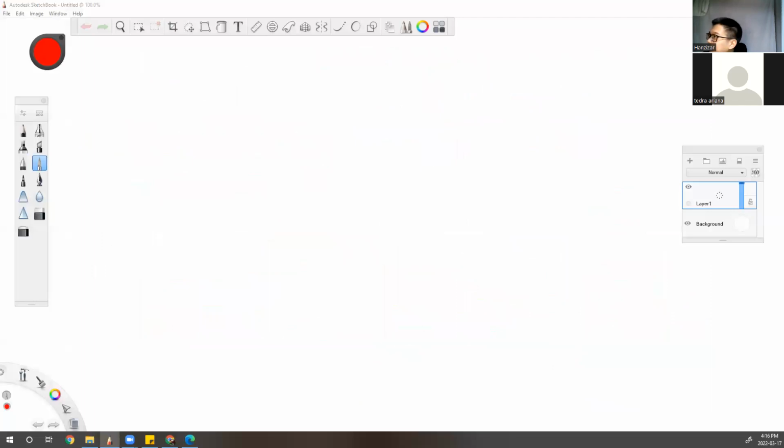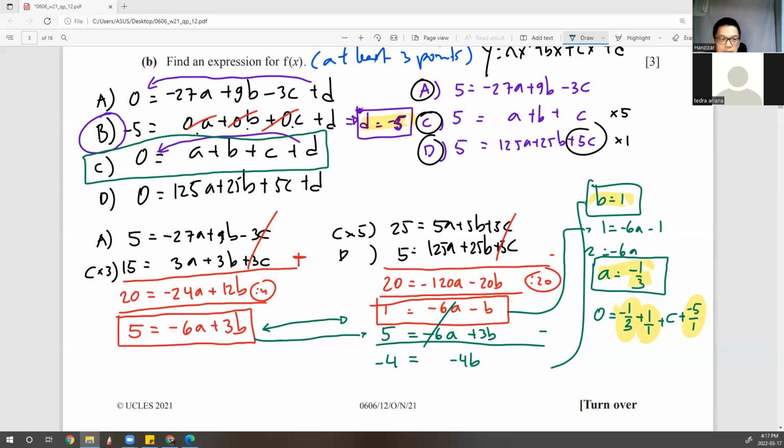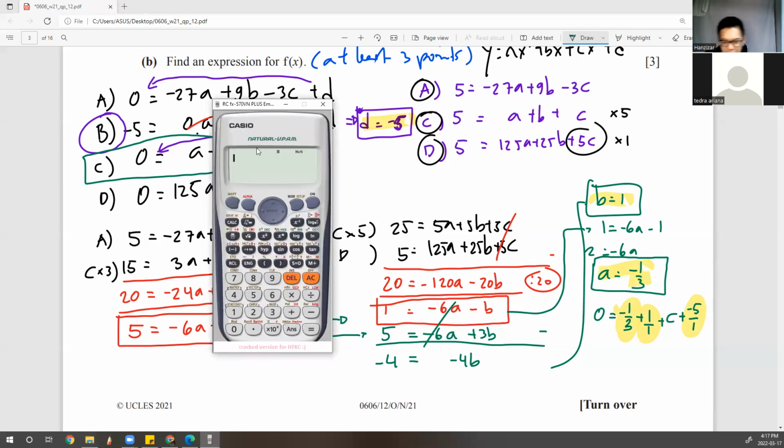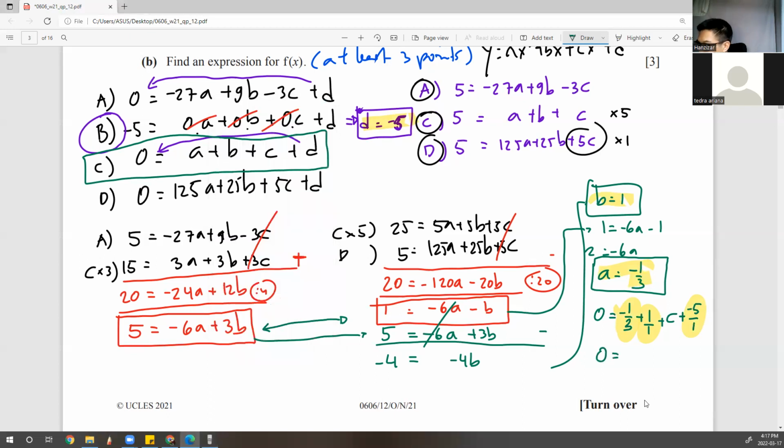Okay, there you go. Negative 1 over 3, minus 5, negative 13 over 3. So 0 equals c minus 13 over 3. So c equals 13 over 3, right? You just move the sign.